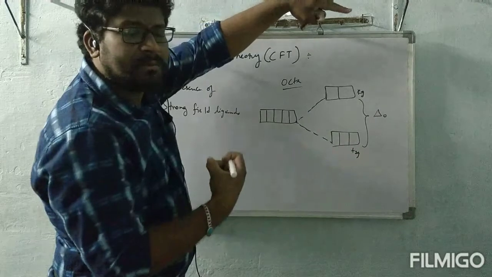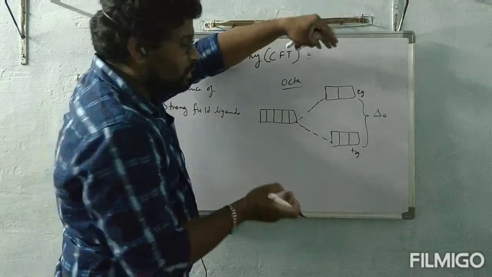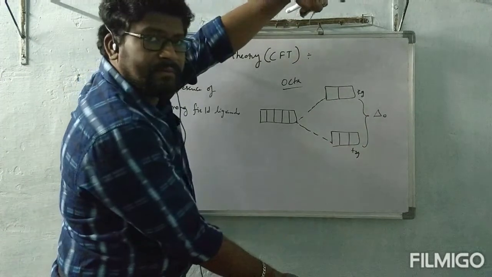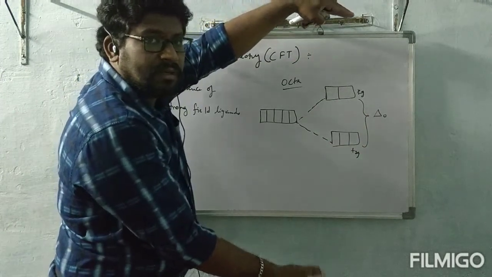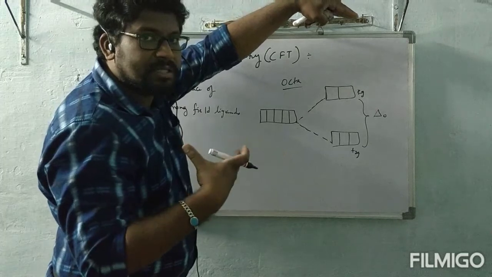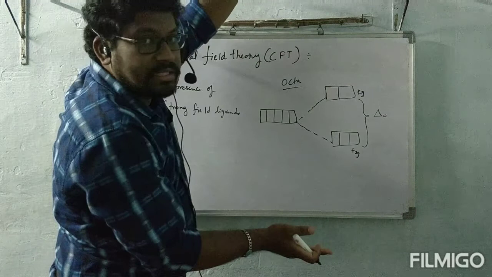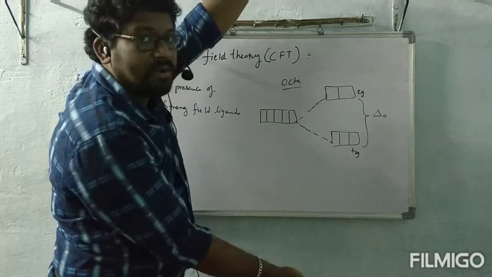Why? They will apply more repulsion. One more time. In presence of strong field ligand, the splitting is very high. What is the meaning of that? They will apply more repulsion on orbitals. Because of that, these eg orbitals will be highly energetic, and t2g orbitals will be very low energetic.